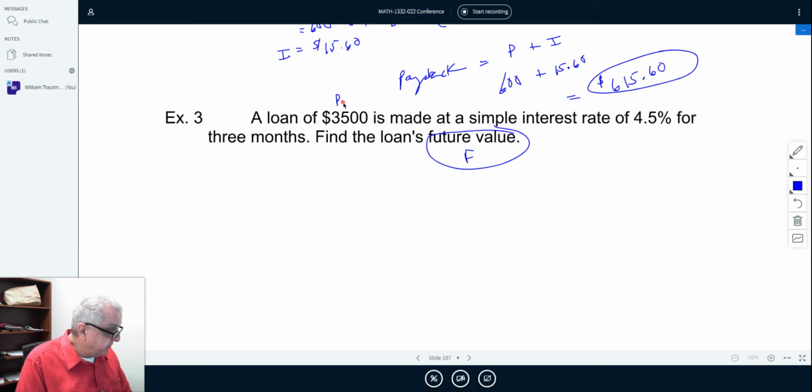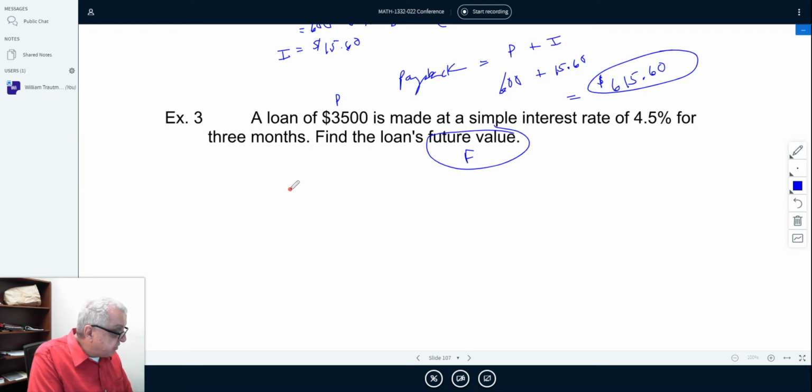Now, we have the formula here for future value with simple interest. And we're using simple interest because they don't tell us to compound the interest. So we know we're using simple interest.